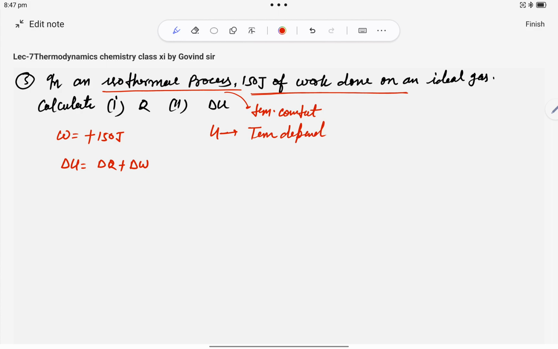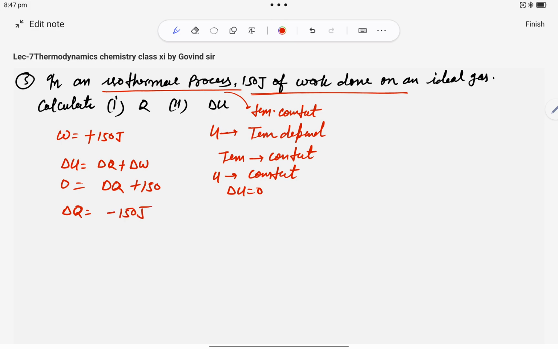Here they said temperature constant, so U will be constant, so delta U will be 0. So 0 is equal to delta Q plus 150 joule. Then delta Q is equal to minus 150 joule.